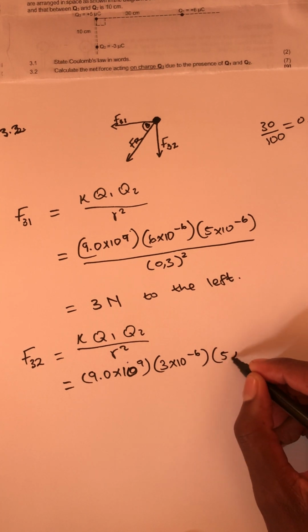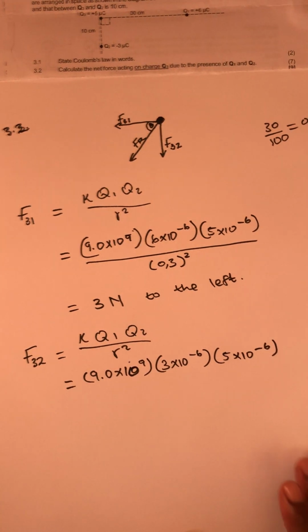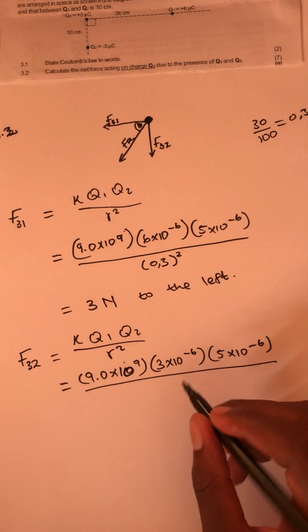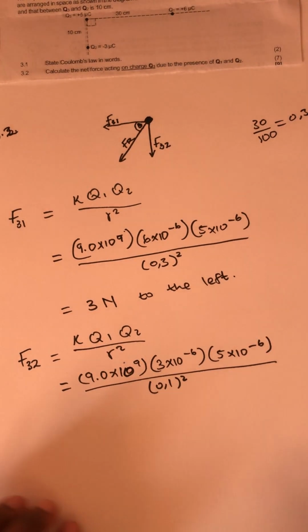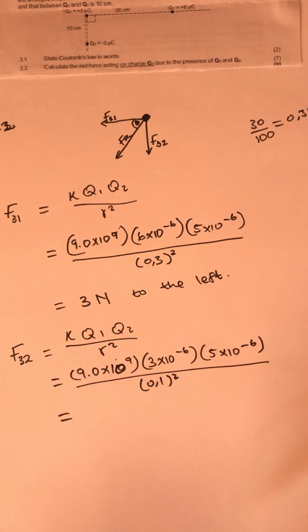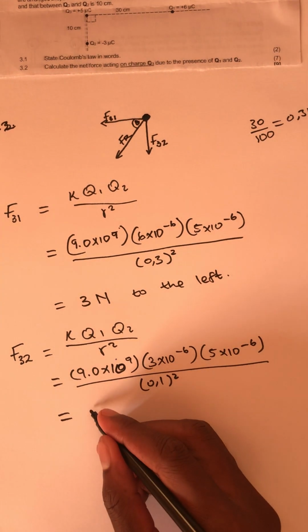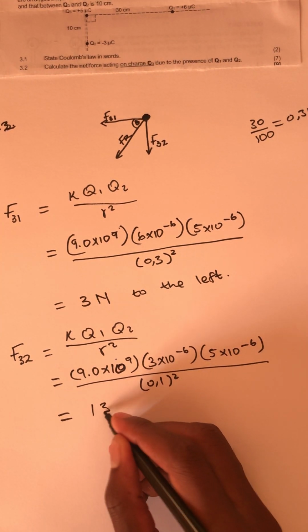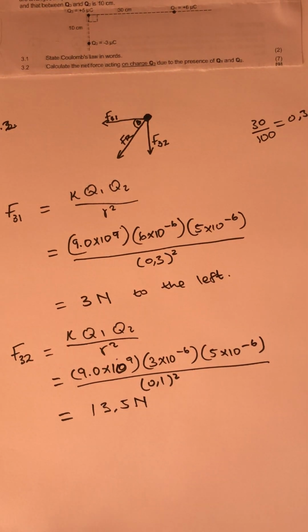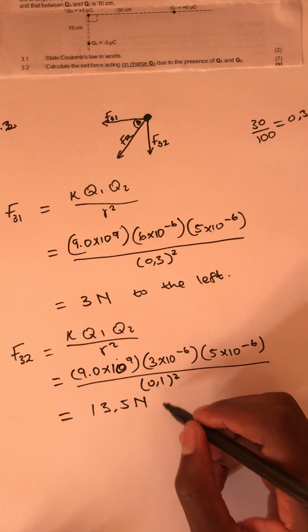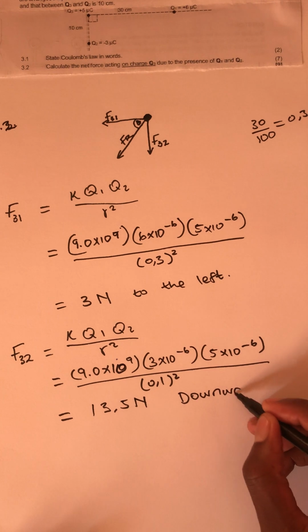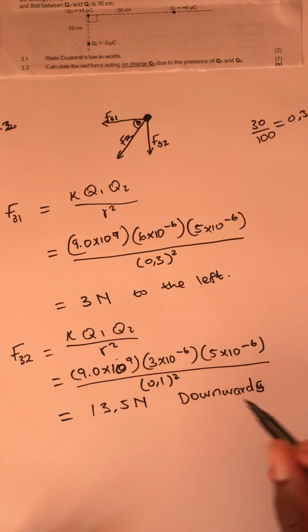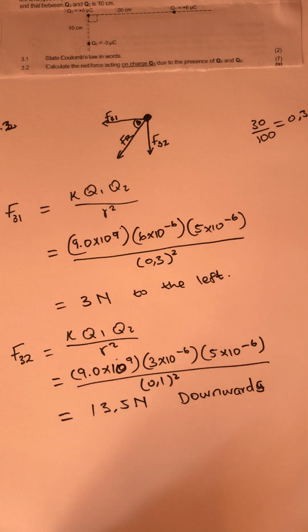The other one is 5 times 10 to the negative 6. Divide. Now, what is the distance? It is 10 centimeters, that will be 0.1 squared. So from here, we get 13.5 Newton. It's 13.5 Newton where it's going down, so let's say it's downwards from the free body diagram.